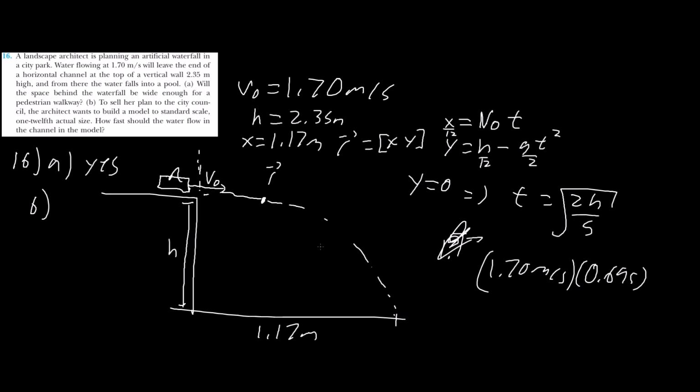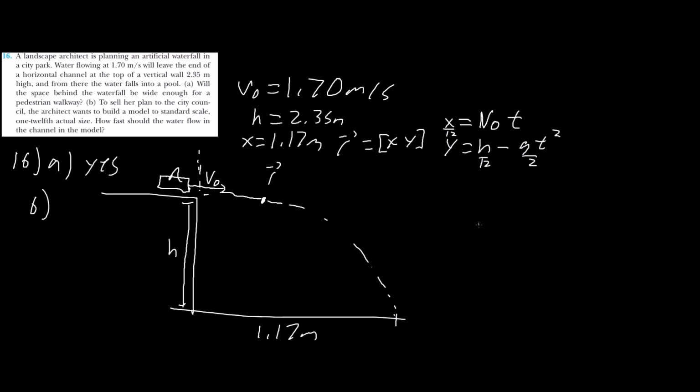So, anyways, folks, let's do the same thing, but instead of saying 2h over g, let's take this and divide that by 12. So now you're going to have 2h over g, which is 0.69.